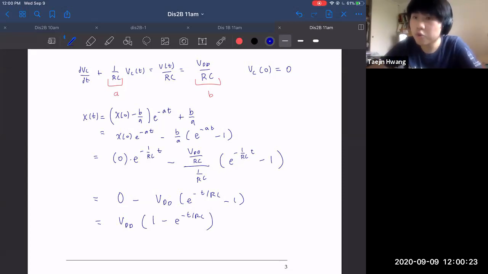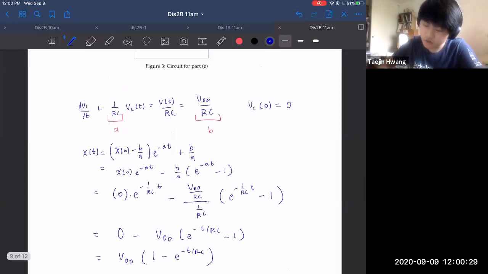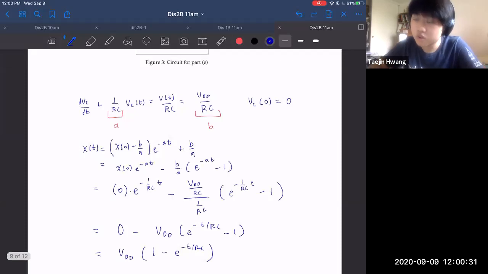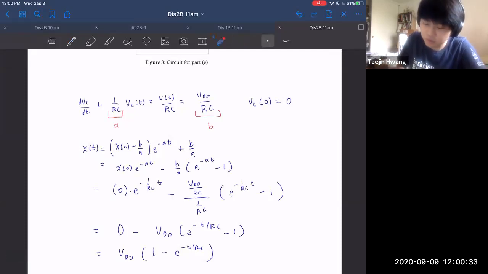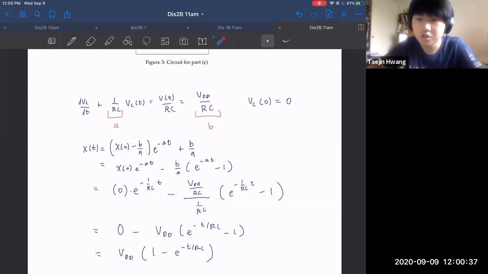I see a couple of questions in the chat, one of which asks, how did we get the answer for VC? I think all of this just comes from plugging in the solution for A and B that we derived like 5 or 6 slides back.